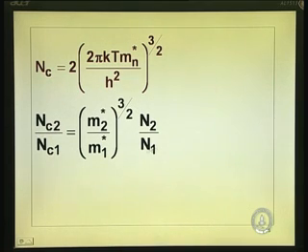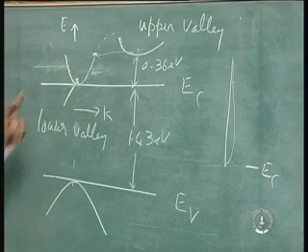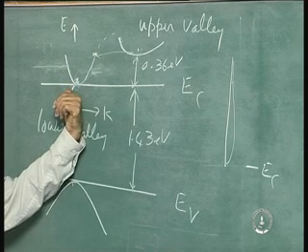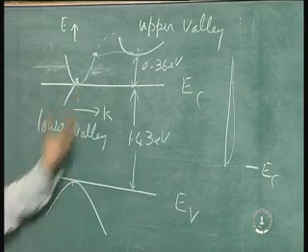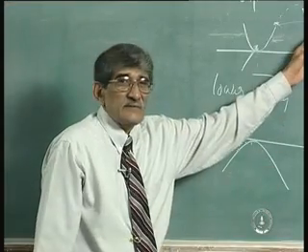What is the other N2 by N1 coming up there? The total density of states in the upper valley and the total density of states in the lower valley would have been in the ratio M2 star by M1 star to the power 3 by 2, if there were one valley here and one valley here. Now, if you go to the 3-dimensional picture, the central valley is 1, and there are 4 such valleys.